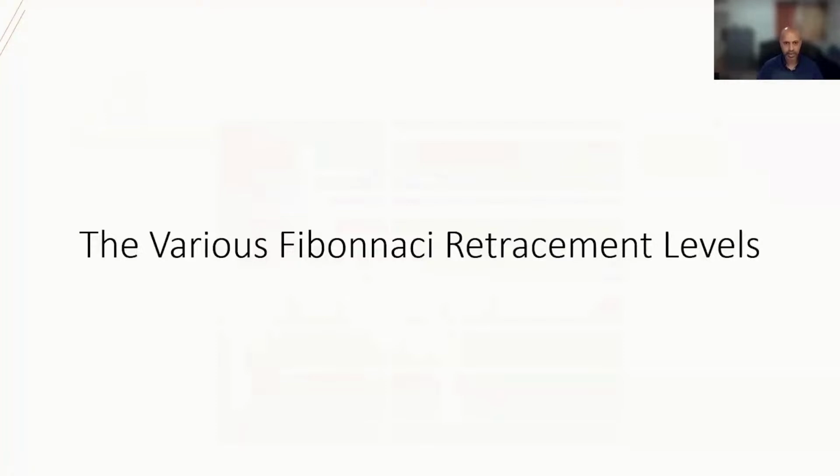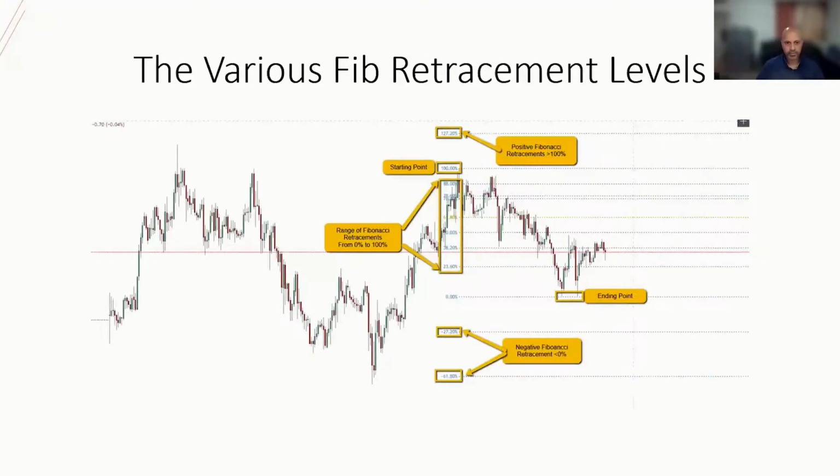All right, with that, now we're going to look at the various Fibonacci retracement levels. For those of you who may be aware or have used the Fibonacci retracement tool before, we know that this goes from 0 to 100%. As described in this image, you can see that the retracement levels run from 0% to 100%.